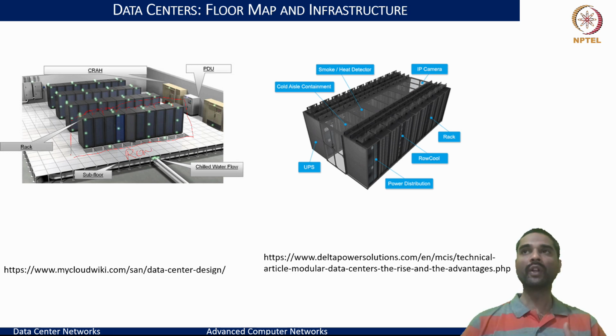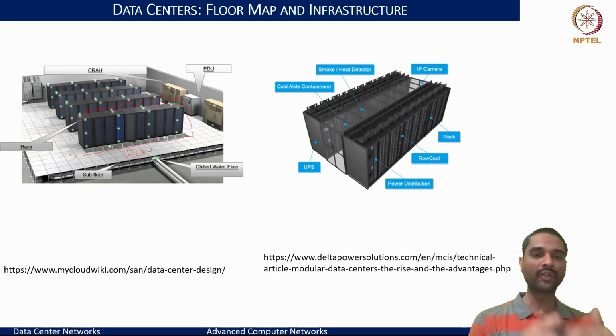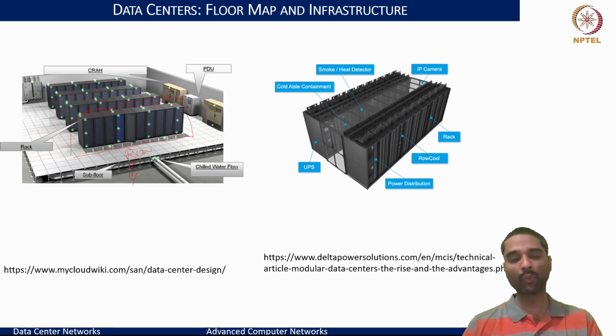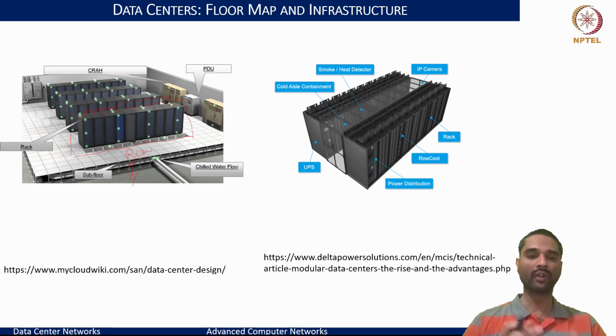And the flooring for all of these data centers also has unique characteristics, and typically what we call raised floors, or you have a subfloor on top of which these data center racks are placed. And this is an artificial floor that is made so that you can ensure that they can be removed and moved as and when they are required.